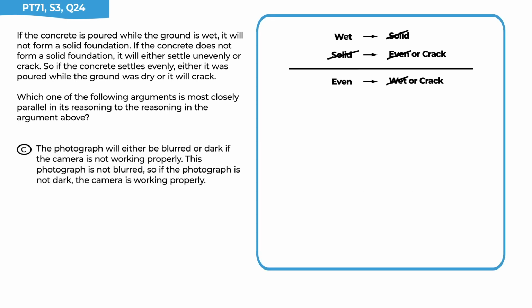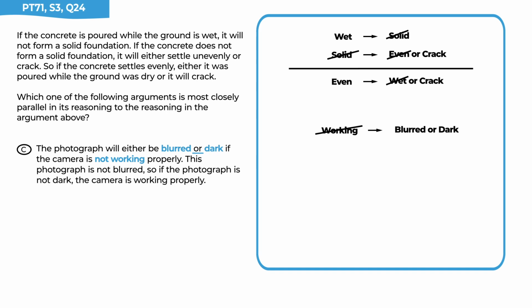Here, when I look at my conclusion, I see that it is a conditional, but there's no and or. So I would get rid of C just based on that conclusion mismatch. For practice, if we look at what is there, we do have one conditional that if it's not working, it's blurred or dark. That could theoretically be our second premise from the original.